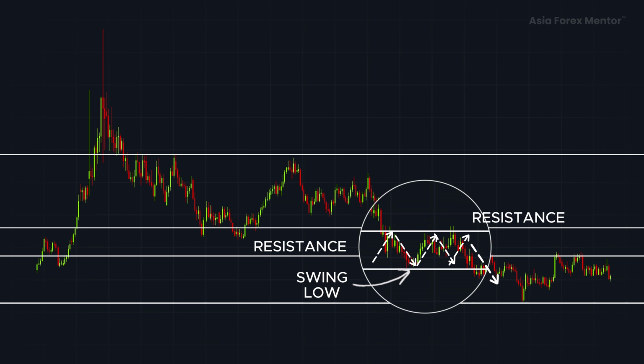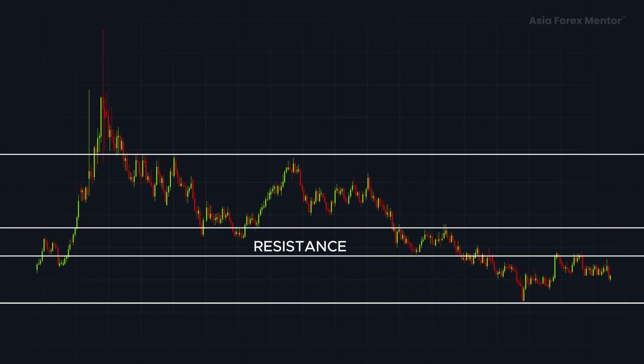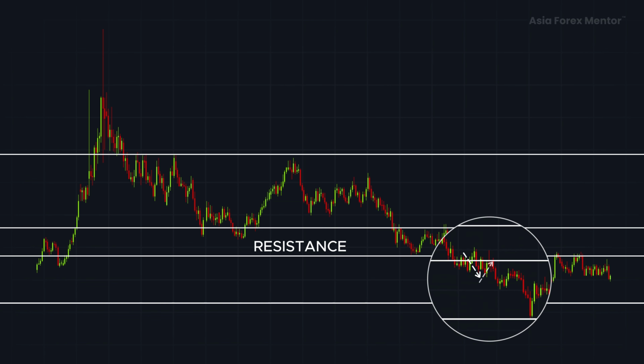This swing low now acts as a resistance. The price heads lower, retraces to test this resistance, then heads down again, pulls back slightly, and then continues downward. So right now, the price is retracing to test the same area of resistance here and here as well.